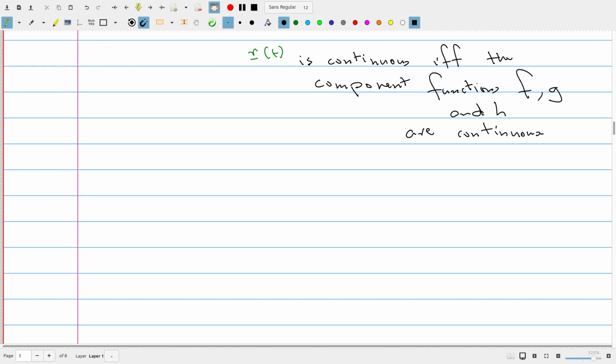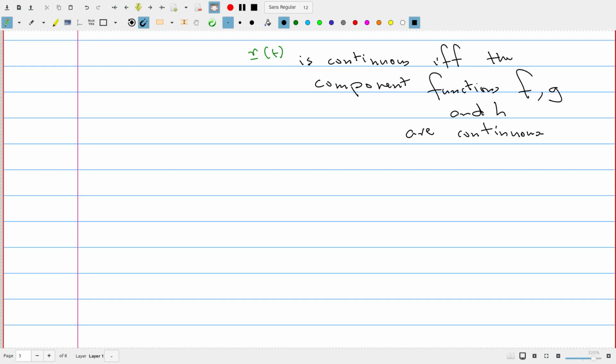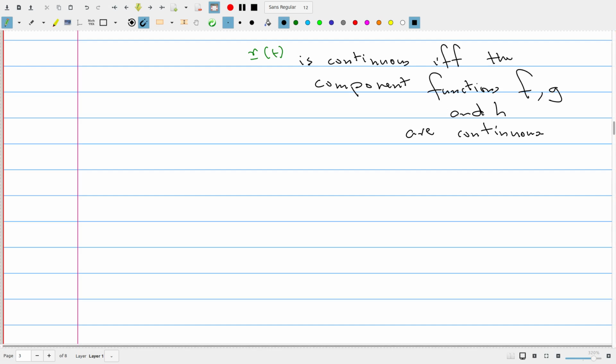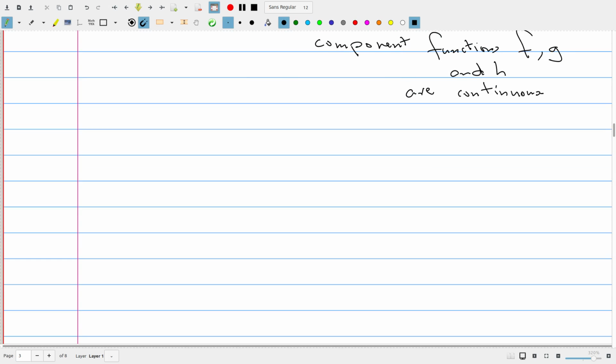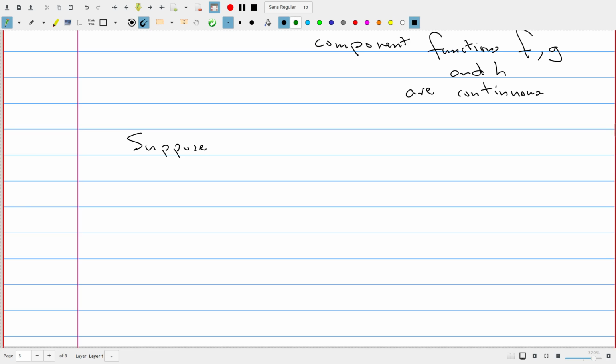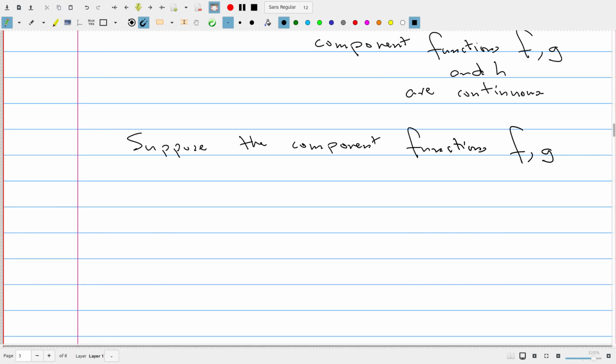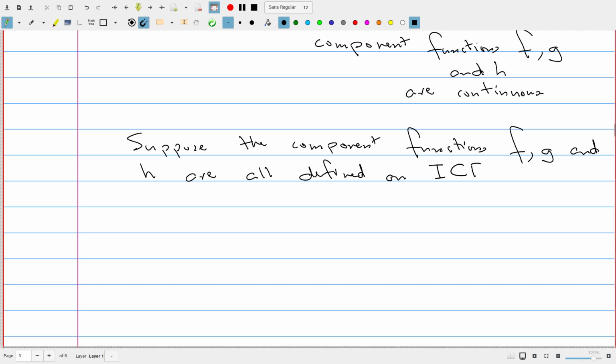If you have a vector function, suppose that the component functions f, g, and h are all defined on a subset of R. So f is defined on I, g is defined on I, and h is defined on I.